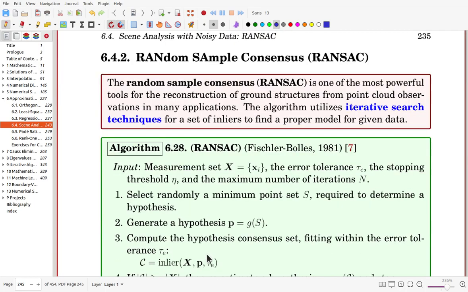Now RANSAC, random sample consensus. It is one of the most powerful and well-beloved algorithms for dealing with point cloud data sets. It is used for reconstruction of ground structures, and we can say it is 3D mapping. From a point cloud, we can understand the surrounding environment, and we can also map the environment.